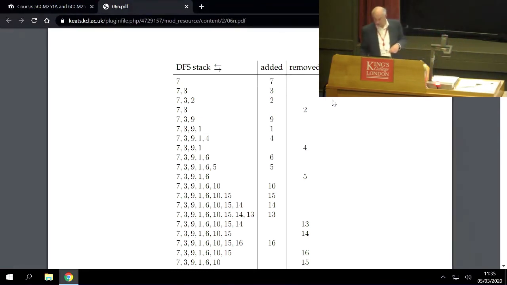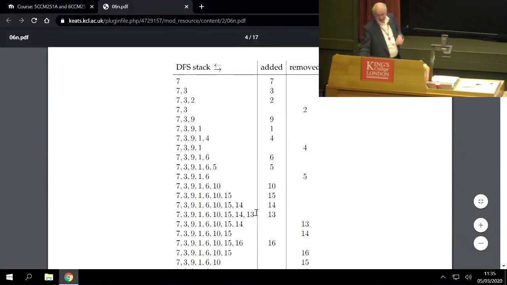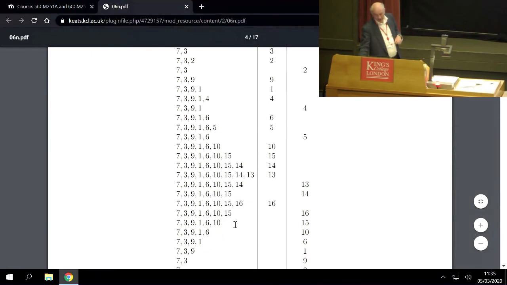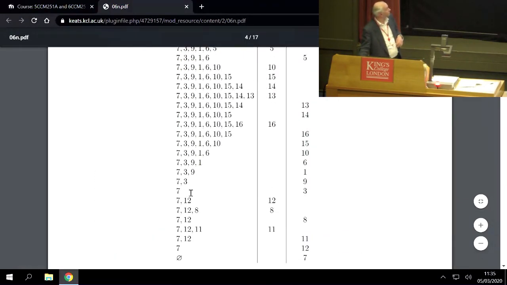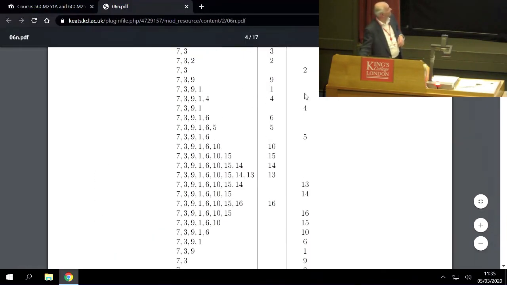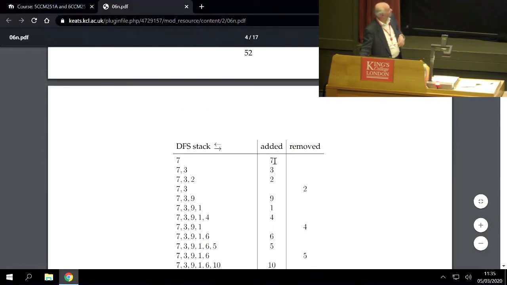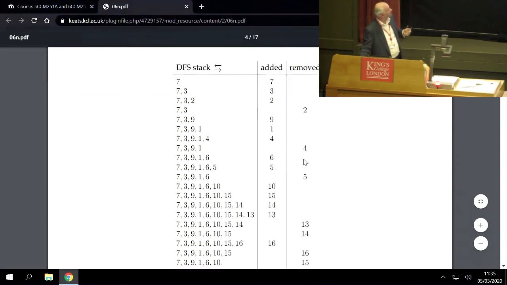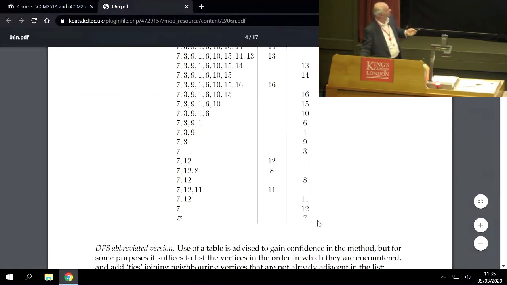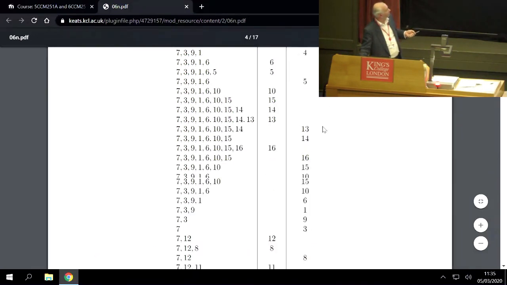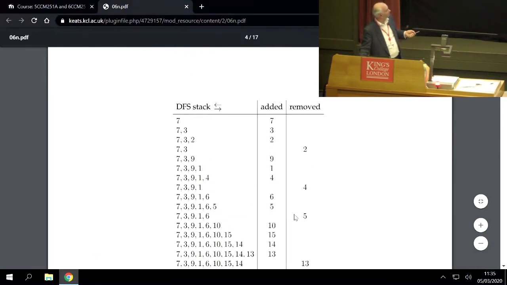Okay, so the stack is biggest when we've added vertex 13, and then 13 gets taken off, and then the stack gets smaller and smaller until we eventually add these vertices at the end. If you think of adding vertices to the stack, then you have to remove them when you backtrack, and so you remove all 16 vertices, particularly if you go back to the starting point.